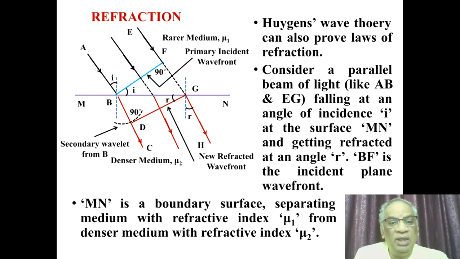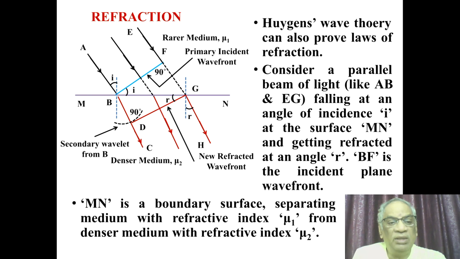Now consider again a parallel beam of light with rays like AB and EG falling at an angle of incidence i at the surface MN that separates two mediums. One is a rarer medium above MN and a denser medium below the surface MN.